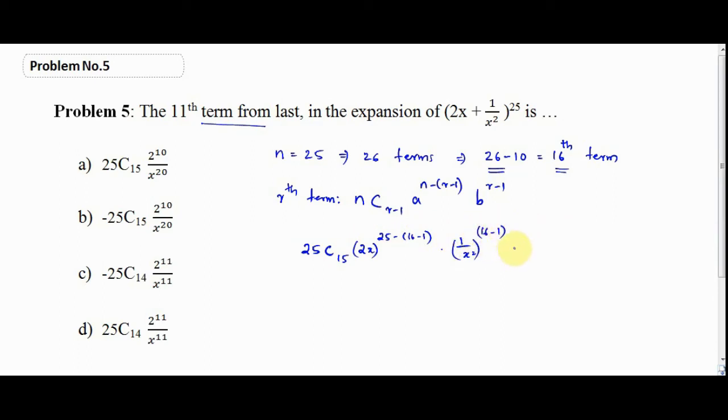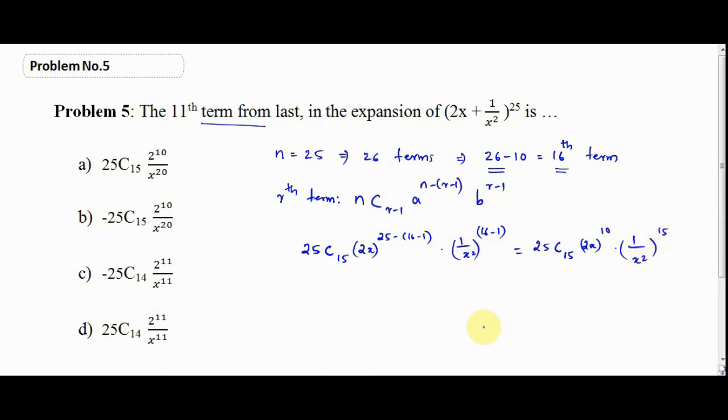So it is equal to 25C15 into (2x)^10 into (1/x²)^15.